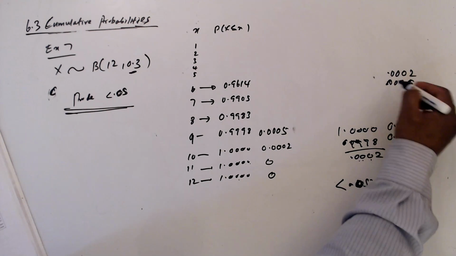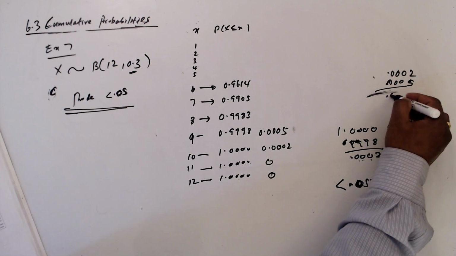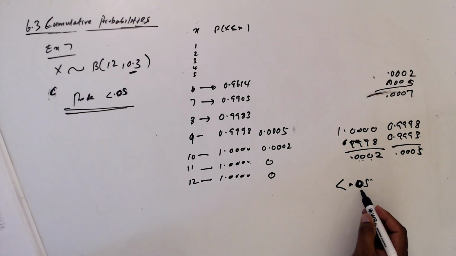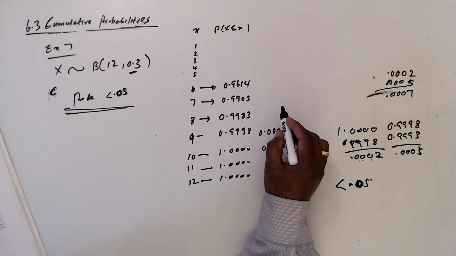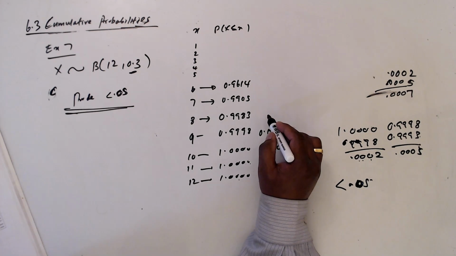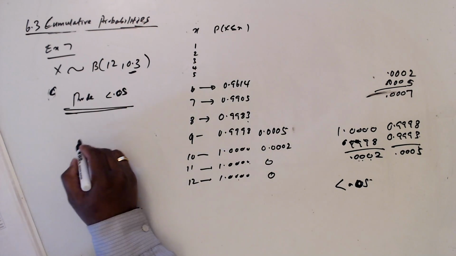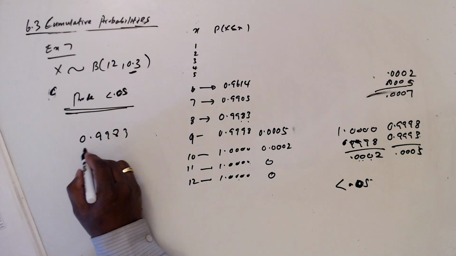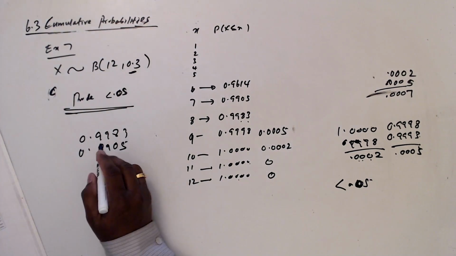0.0007 so far. So it is still less than 0.05, so we can add more. The boundaries. Okay, what is getting exactly 8? 0.9983 minus 0.9905.